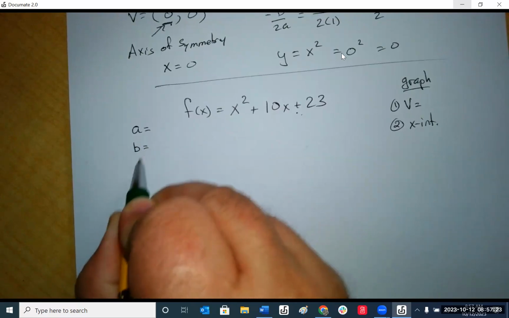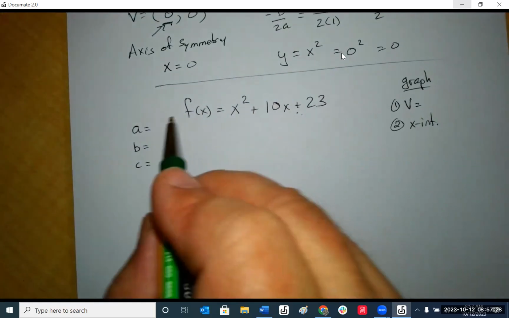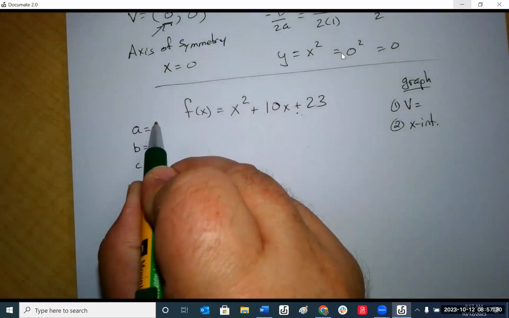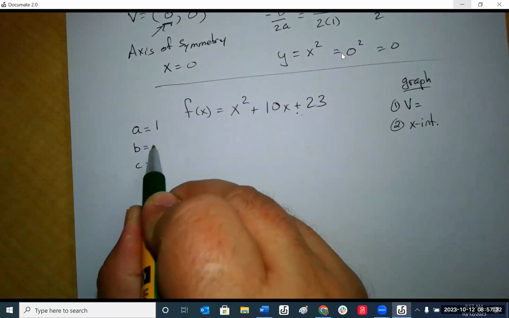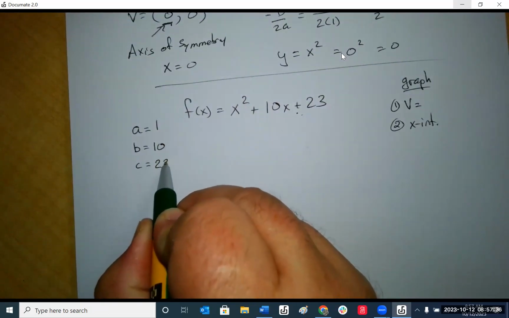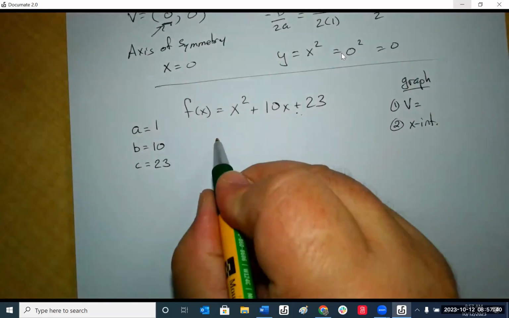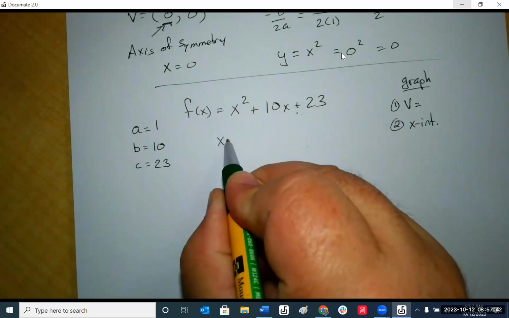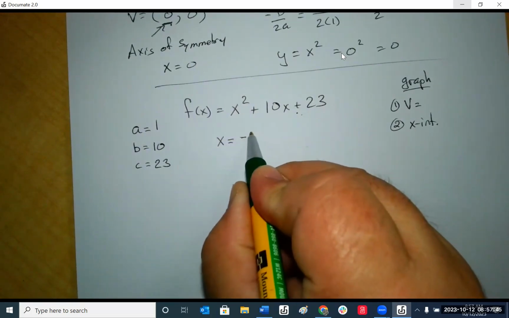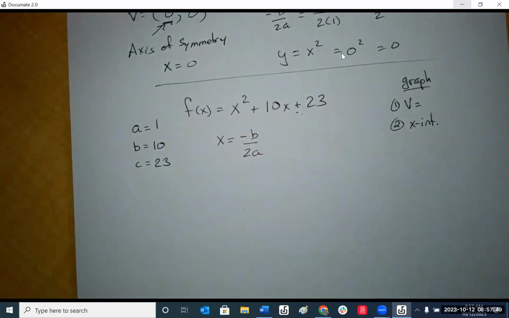So to find the vertex, label A, B, and C. What is A? 1. What is B? 10. And C is 23. So the x value of the vertex is the axis of symmetry, and it's negative b over 2a.